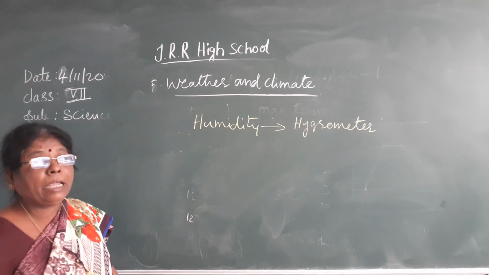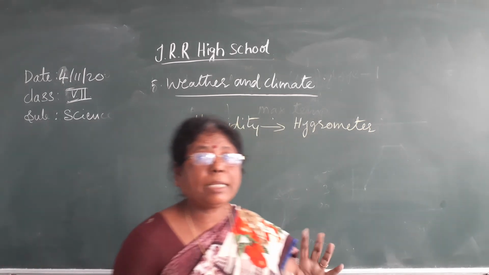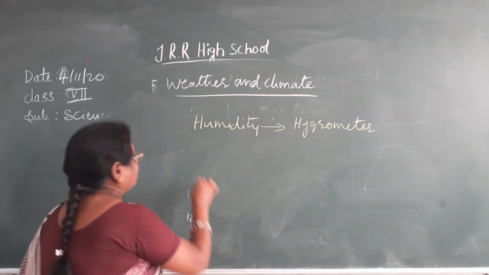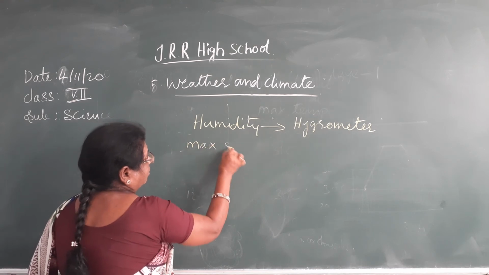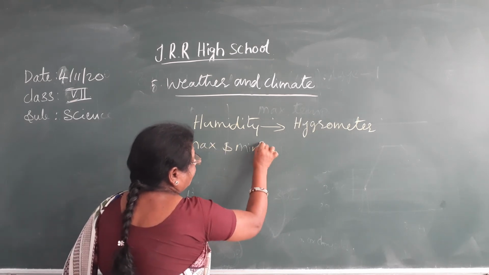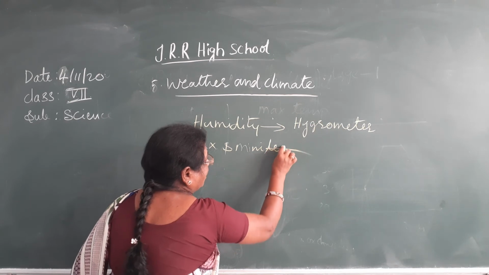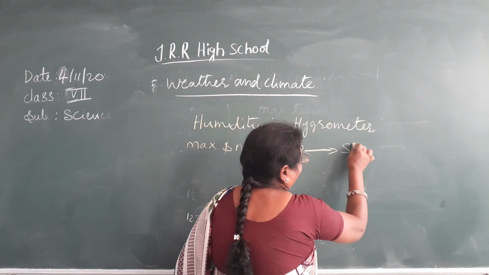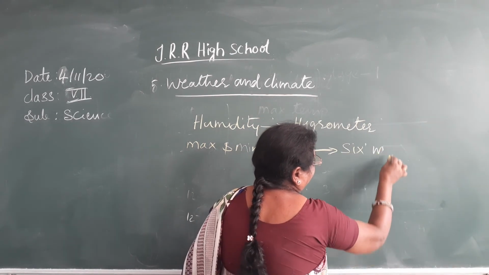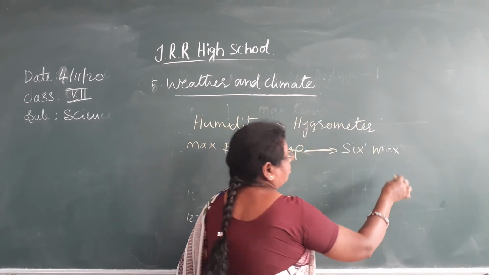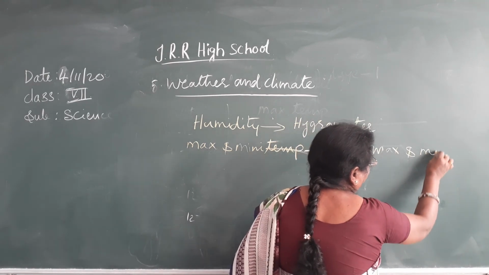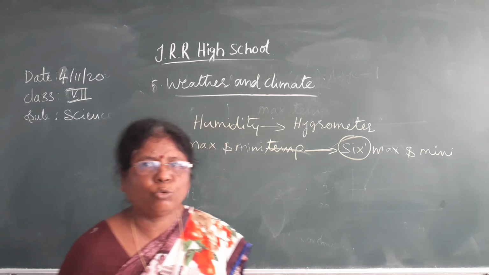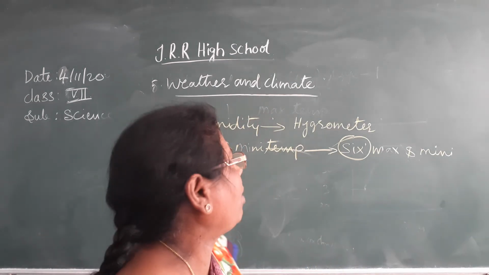In the same way, one more instrument is used for measuring the temperature, that is maximum and minimum temperature. Maximum and minimum temperature is measured by the instrument called Six's maximum and minimum thermometer. Six is the name of the scientist who invented the thermometer.